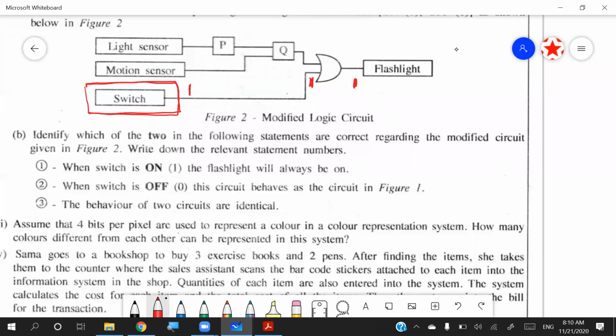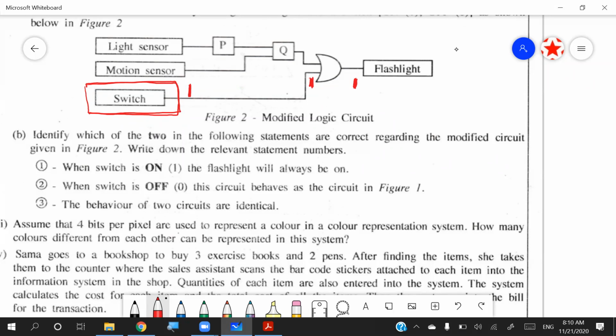So here they are saying, when the switch is on, the flashlight will always be on. It is because the switch being on means it is giving you 1, so 1 will be received here. Since it is an OR gate, 1 is going to be the output regardless of the other input, right? When the switch is off, the circuit behaves as the circuit in figure 1.